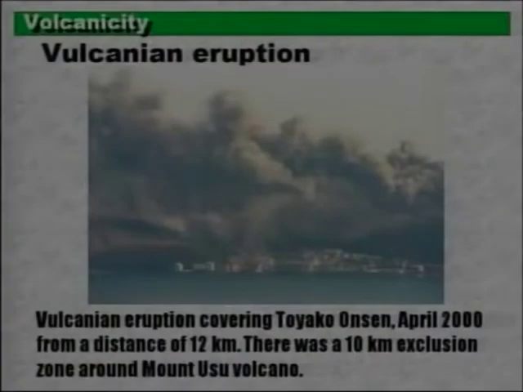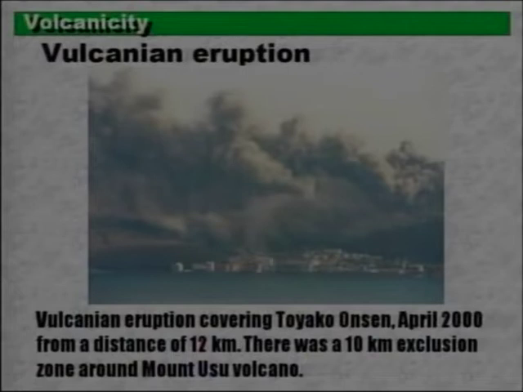More information is given there on the Vulcanian eruption. Here we have the Vulcanian eruption covering Toya Lake, that's Onsen, April 2000, from a distance of 12 kilometers. There was a 10-kilometer exclusion zone around Mount Usu volcano.